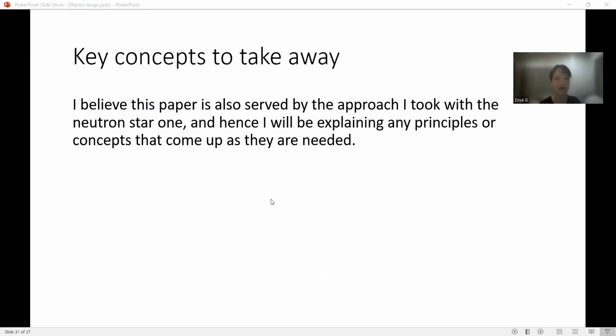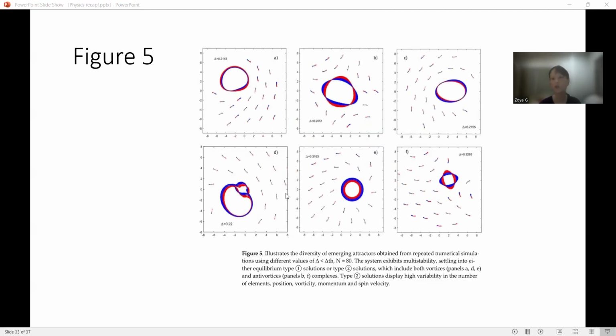As I said, I believe this paper is also served by the approach I took with the neutron star one, and hence I will be explaining any principles or concepts that come up as they are needed. Okay, so overall, the results are as follows.